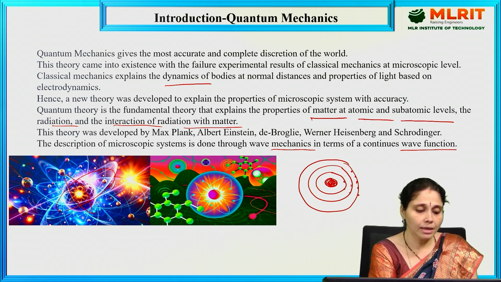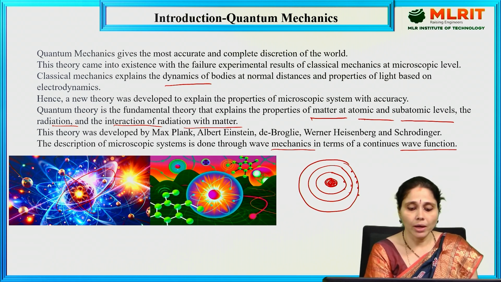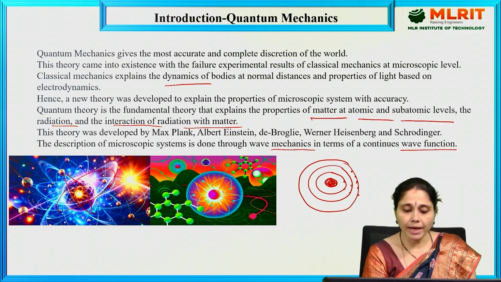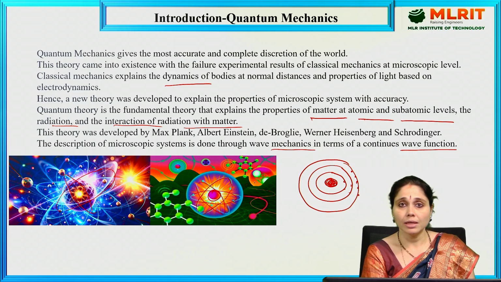In another diagram, the electrons are moving around the nucleus in different orbitals. Here we can also observe the structure of a molecule.